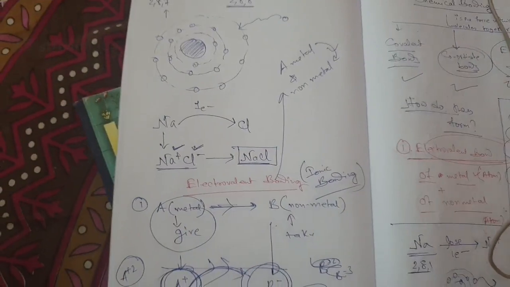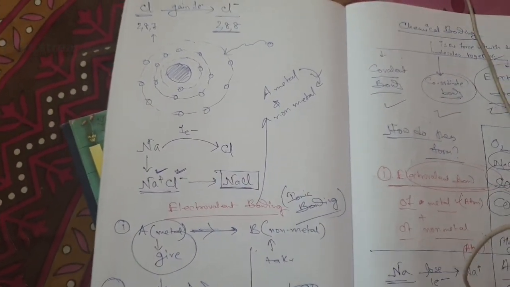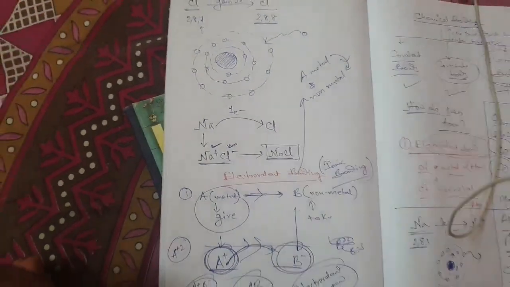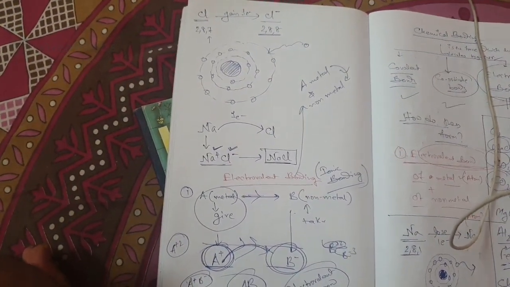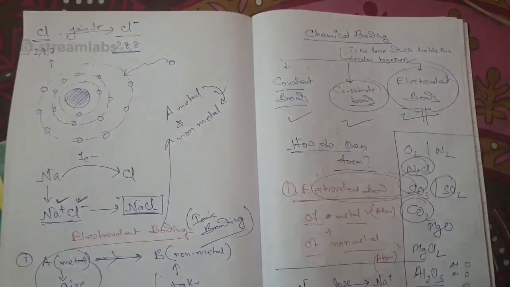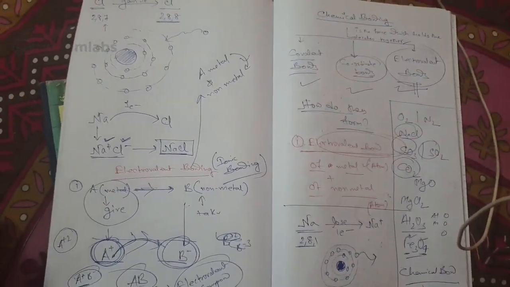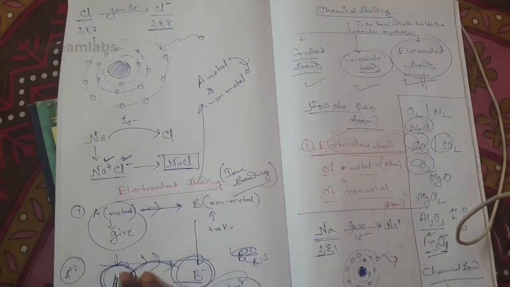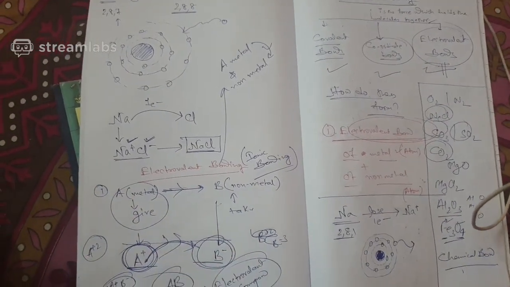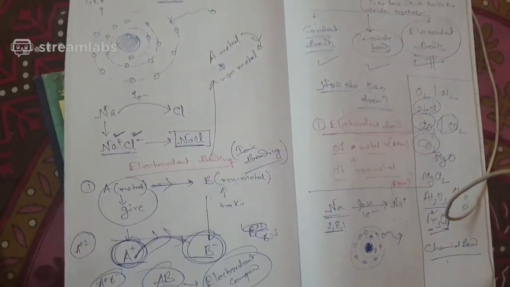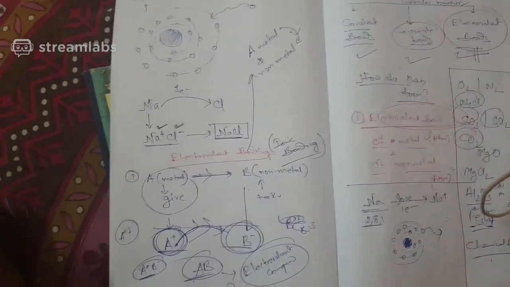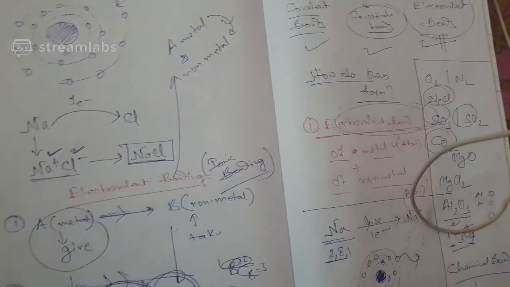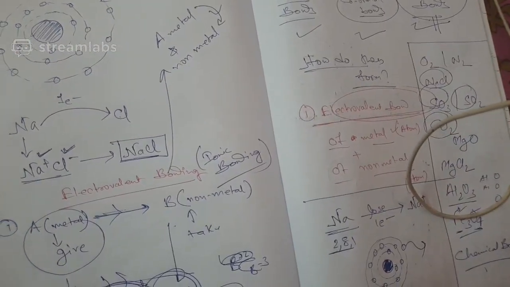So this is what happens in case of electrovalent bonding. I hope that you have understood this, and I will then shift to another example. I will give you another example, then I will speak a little bit more about it.